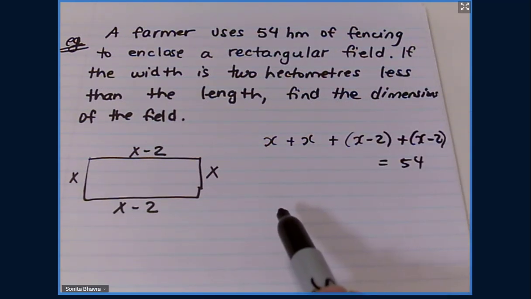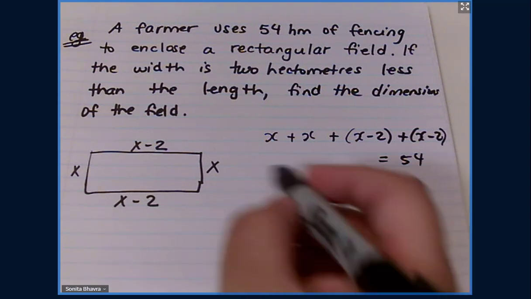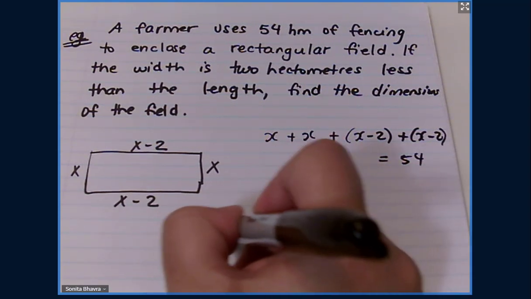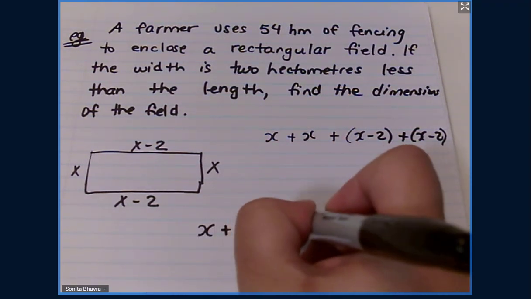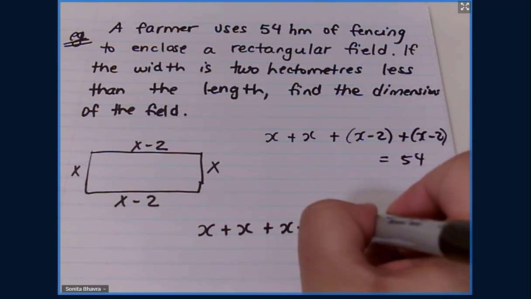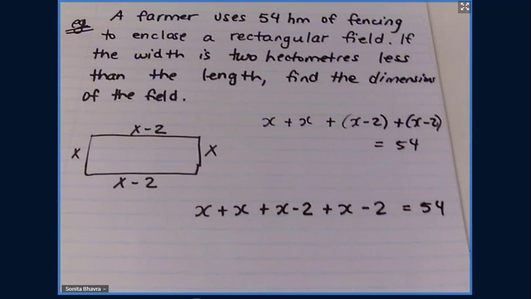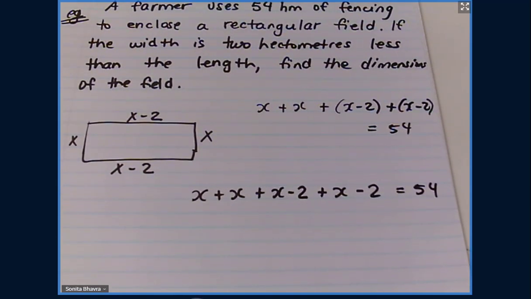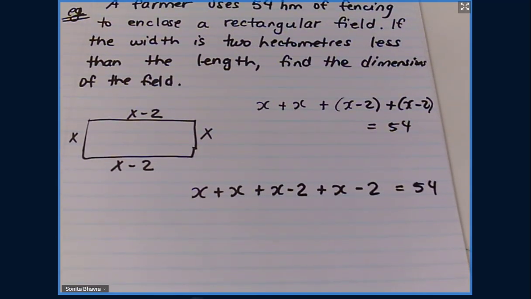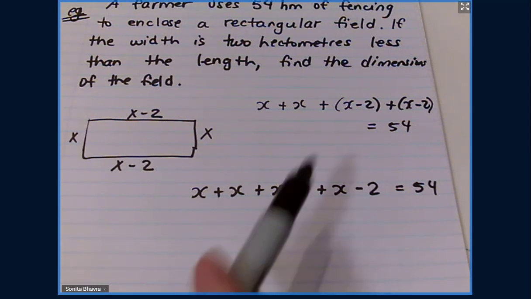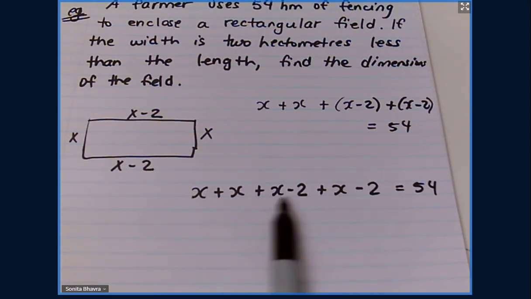So I'm just going to rewrite it down here again. So x plus x minus 2 plus x plus x minus 2, and it's equal to 54. All right, and now we can collect our like terms. So we have x plus x plus x plus x.